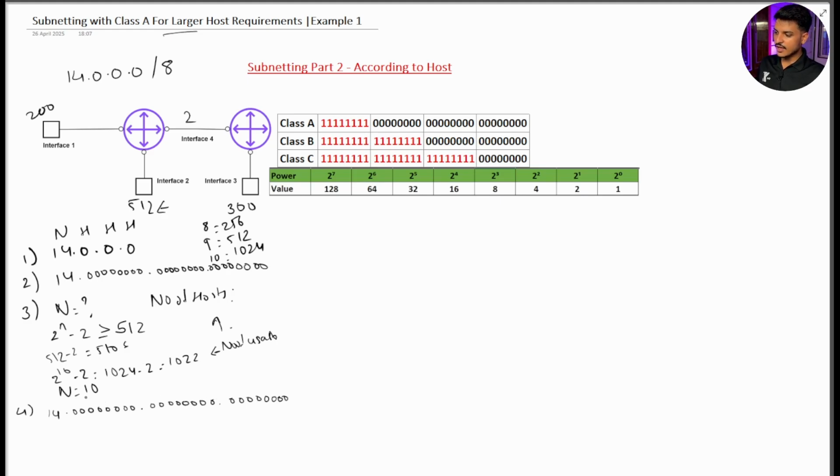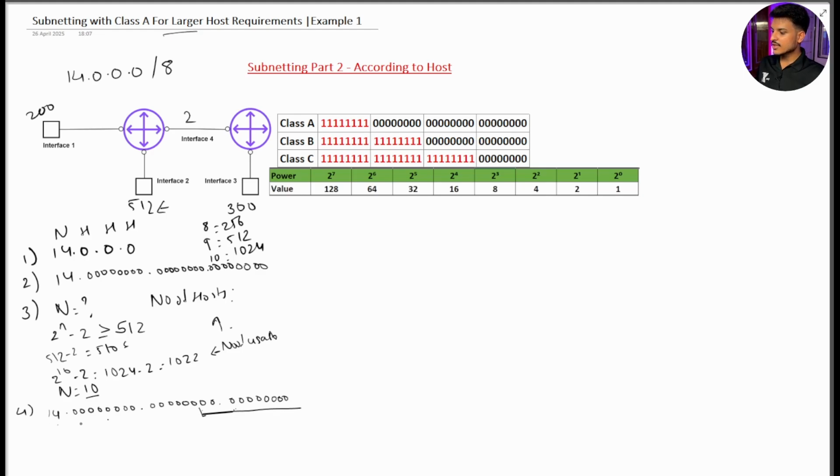We are giving 10 bits to the host, so we have to come from the right and take those 10 bits for the host. Each octet consists of a maximum of 8 bits, so the last octet will be for the host, and we have to take 2 more bits from the third octet. Here we are taking 8 and again 2, and the rest will be given to the network, meaning the first octet, the second octet, and some bits of the third octet.